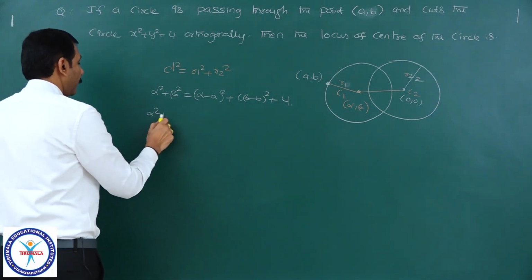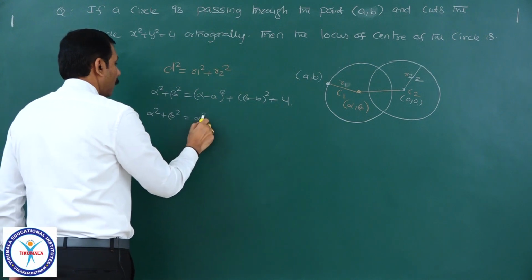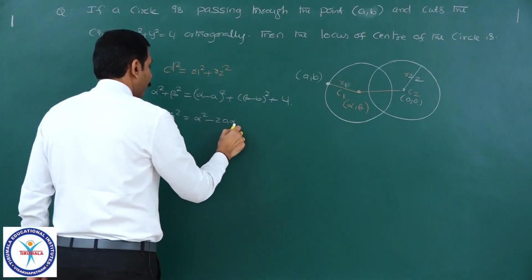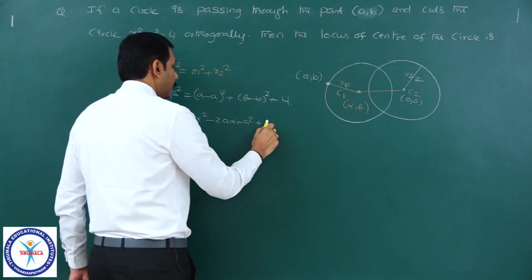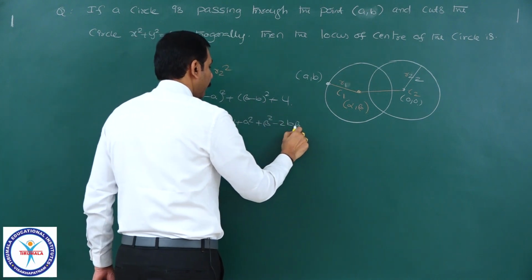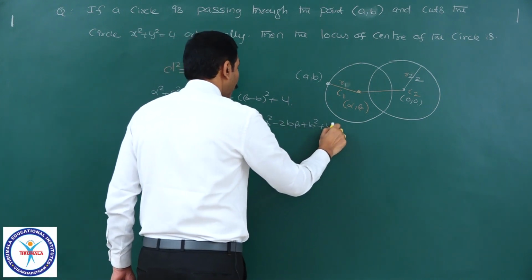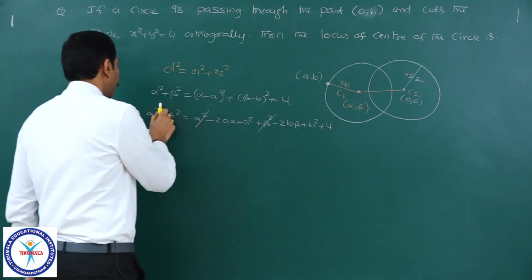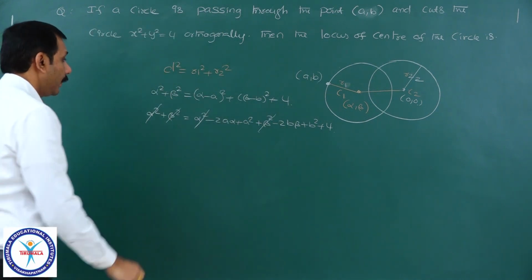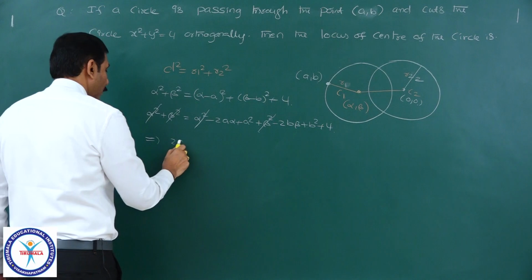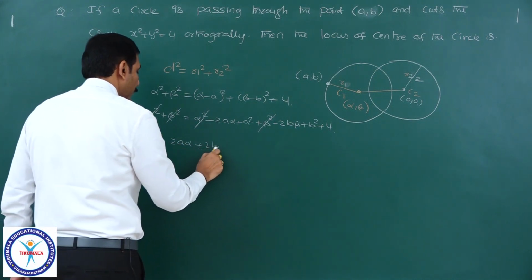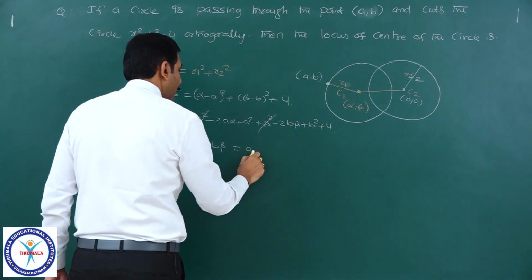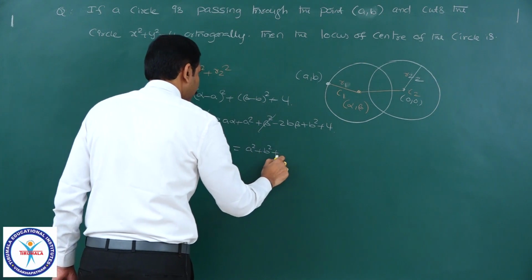Therefore, alpha² + beta² = alpha² − 2a·alpha + a² + beta² − 2b·beta + b² + 4. Here alpha² and beta² will get cancelled. Therefore, finally this equation is 2a·alpha + 2b·beta = a² + b² + 4.